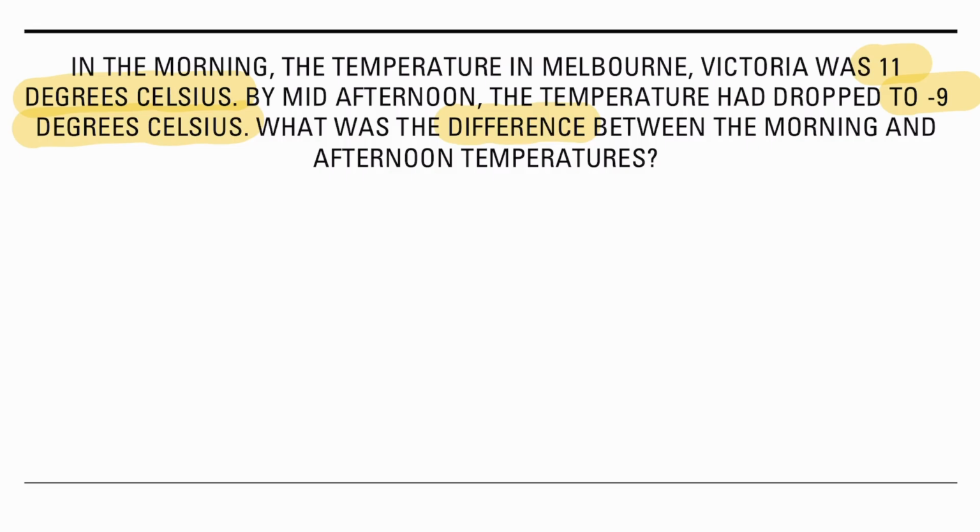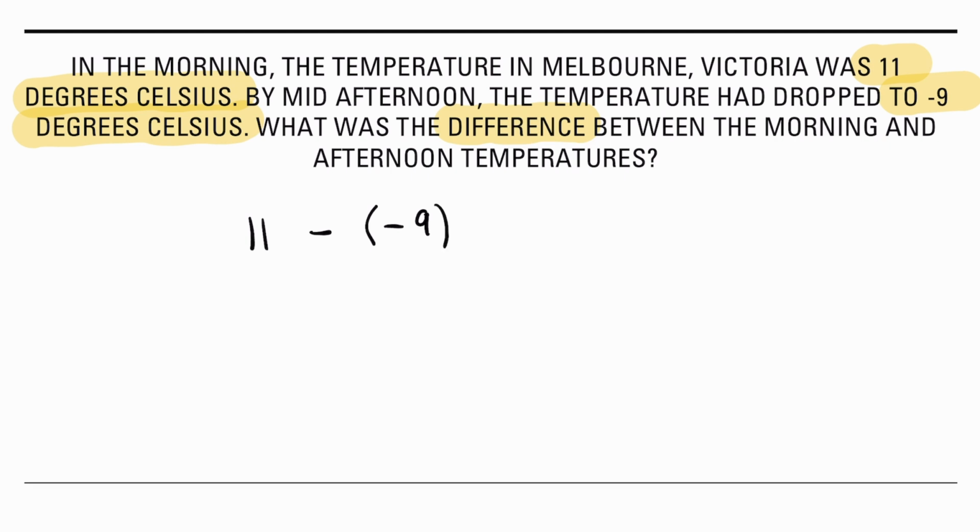So the way that we could turn this into a phrase would be, since we're finding the difference between 11 degrees Celsius and -9 degrees Celsius, we could then subtract -9 from 11. So the way that we could write this would be 11 minus -9.